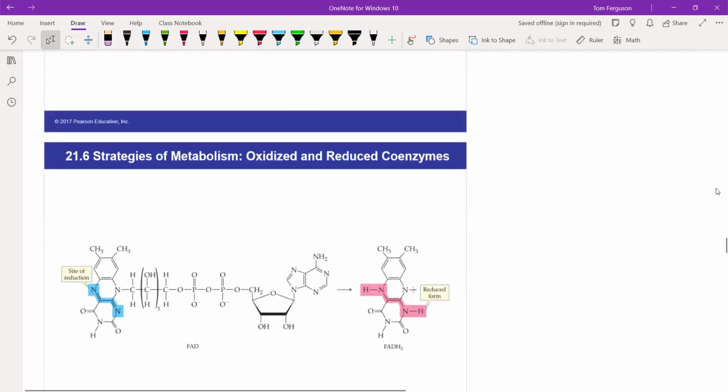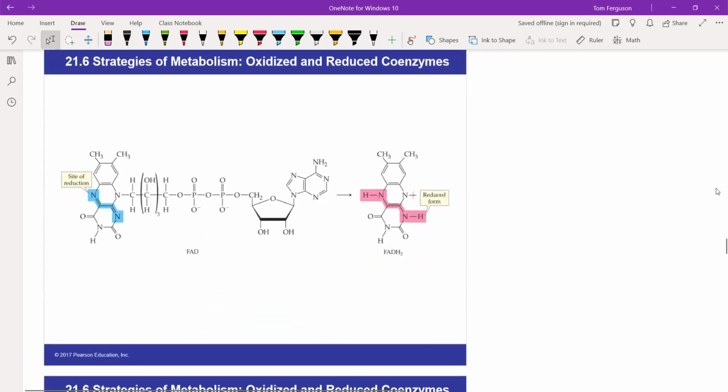FAD, FADH2, same thing. So what's happening? Notice ribose again. Ribose is used all over the place in our body.